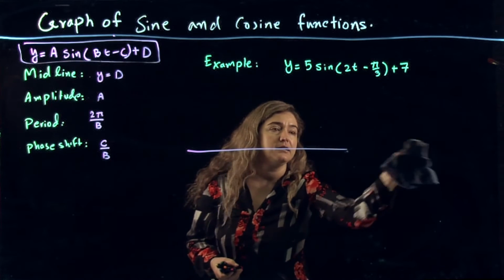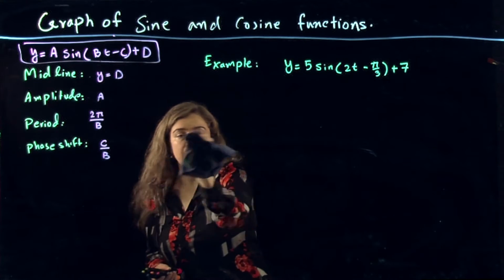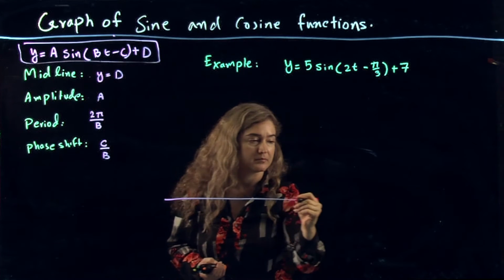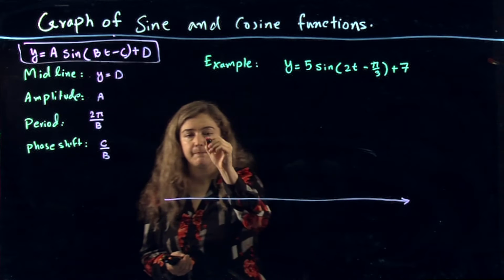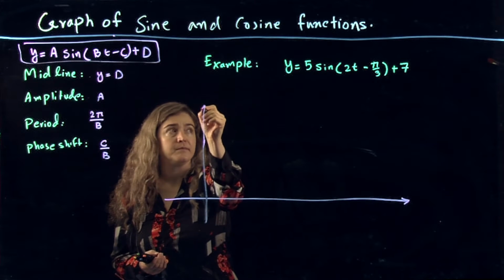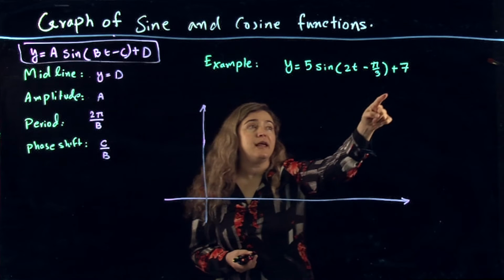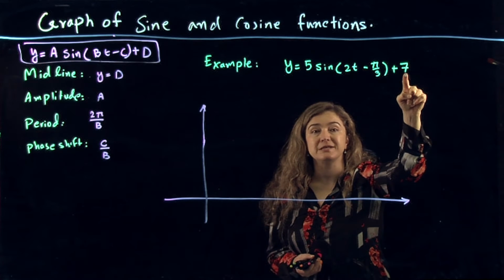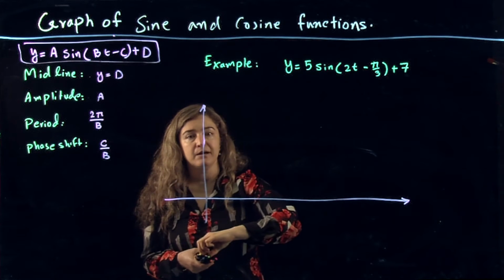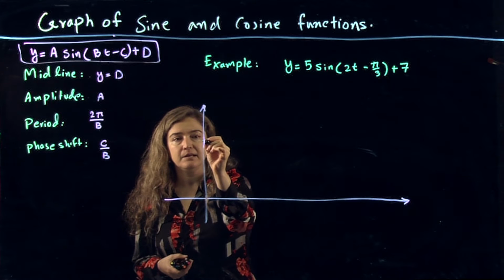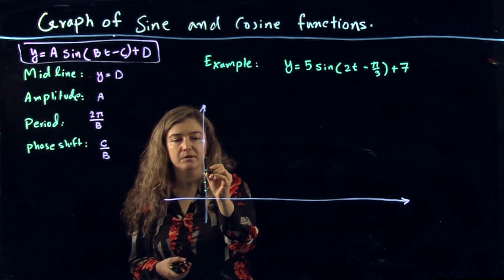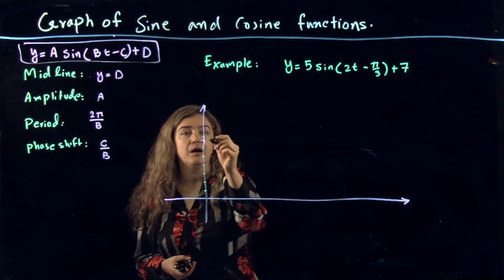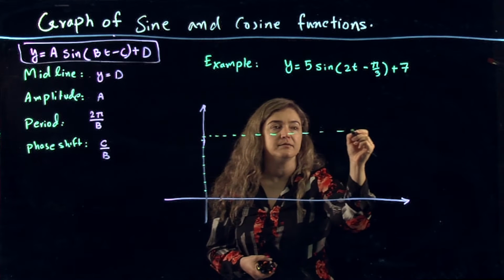I start again with a t-axis and a y-axis. I know that the midline has moved to y equal to 7, so I'm expecting y equal to 7. Let's say 1, 2, 3, 4, 5, 6, 7 up there to have a midline.